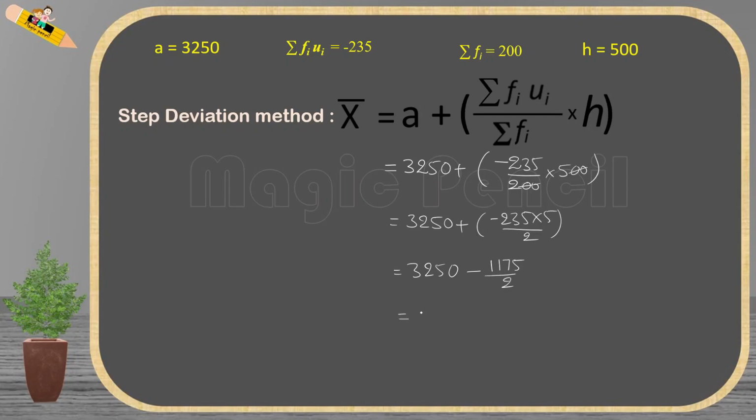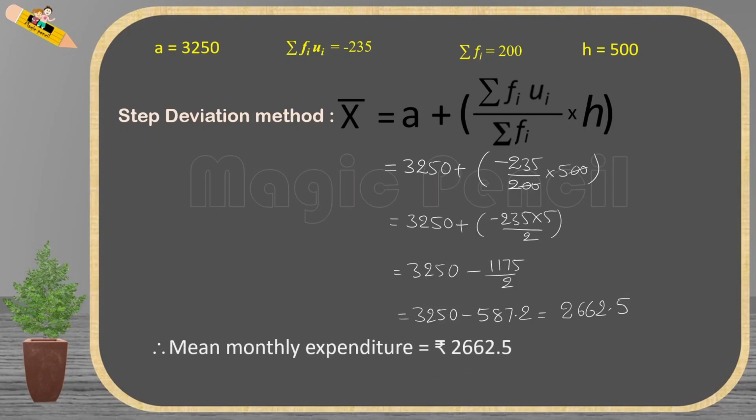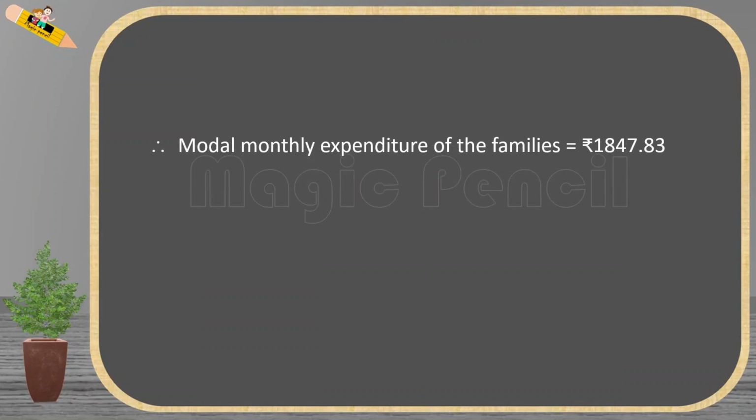That is equal to 3250 minus 587.5, and after subtraction you will get 2662.5. So this is the mean monthly expenditure. How much? 2662.5 rupees.